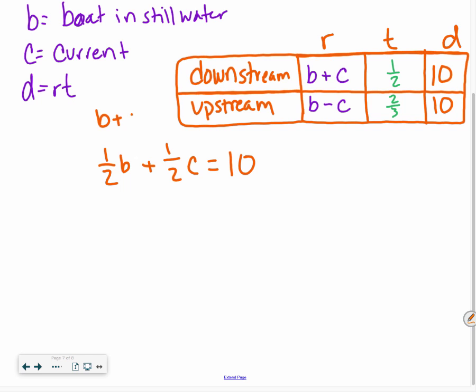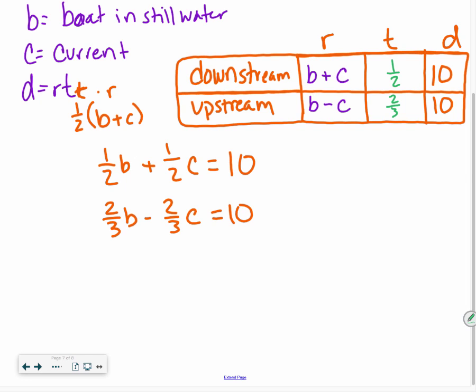I had B plus C, and this was my rate times, or my time times my rate. So I distributed that 1/2. That's how I got 1/2 B plus 1/2 C. And then, taking that same concept, I have the B minus C with the 2/3. So 2/3 B minus 2/3 C equals 10.